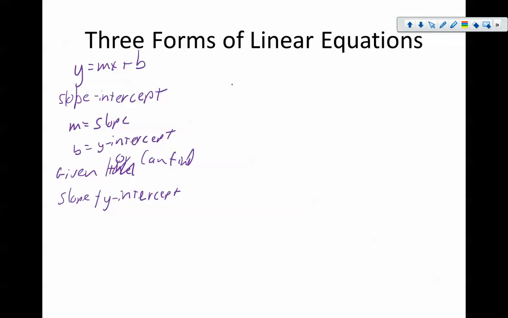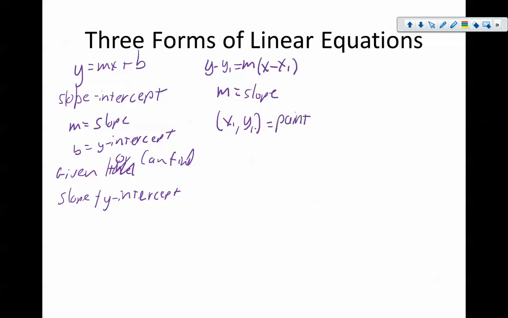Okay. Second, we have one that you may not have seen before, that we definitely haven't studied in these videos yet, is what's called point-slope form. And it's y minus y1 equals m times x minus x1. And in this case, the m is the slope, and the x1 and the y1, that's these parameters right here, they make a point.